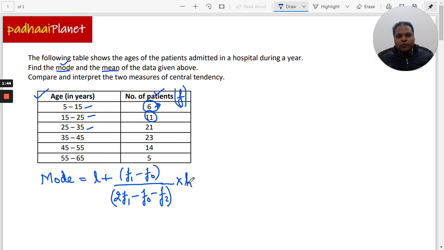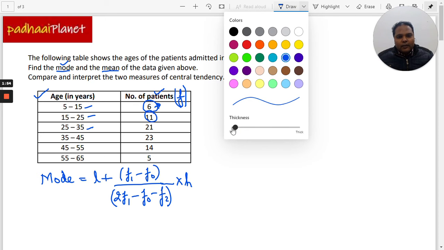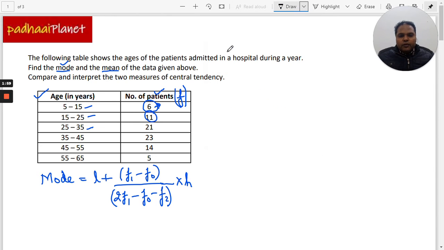Now let's see what the meaning of these symbols is, what they denote here, and let's find out the different values and then calculate the mode. The first step is we need to identify the modal class of the data.